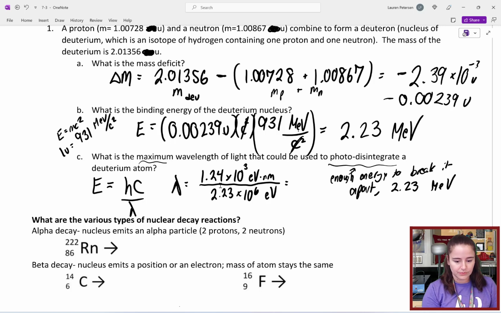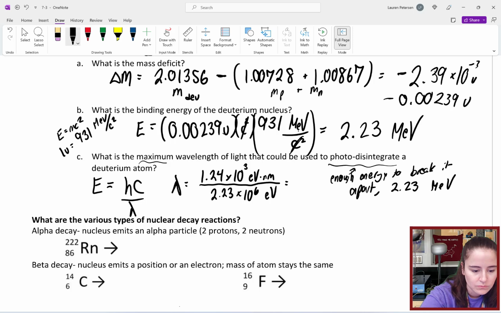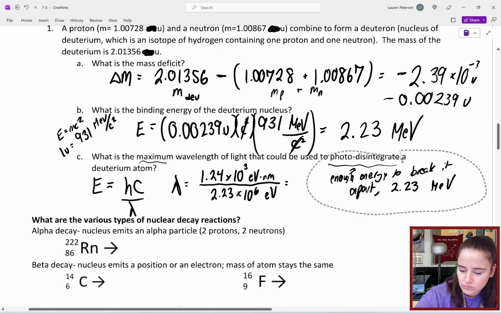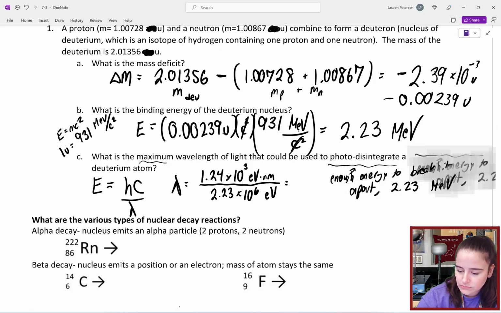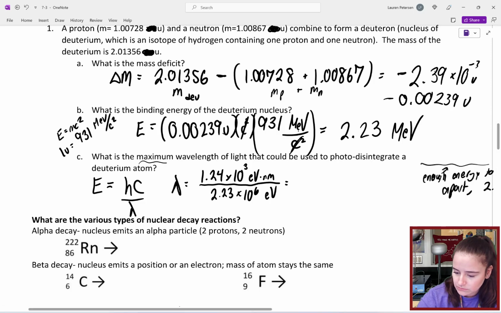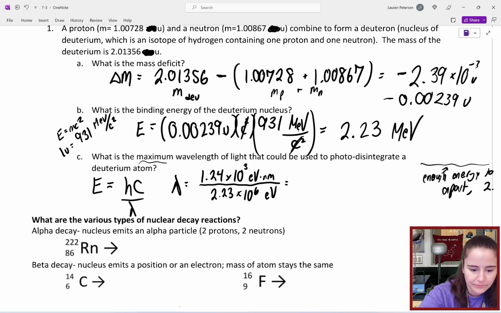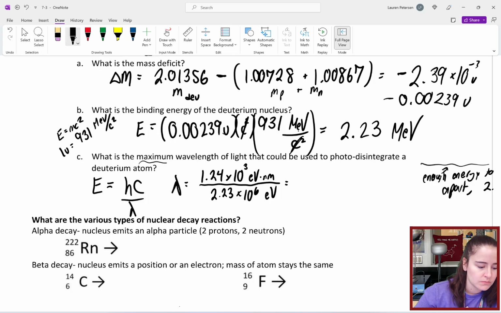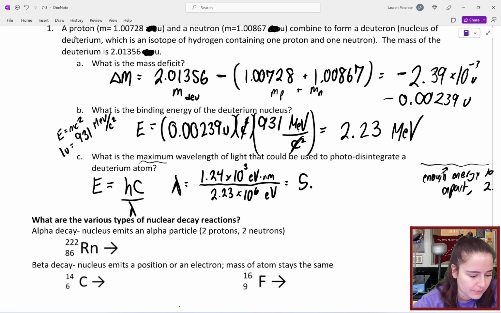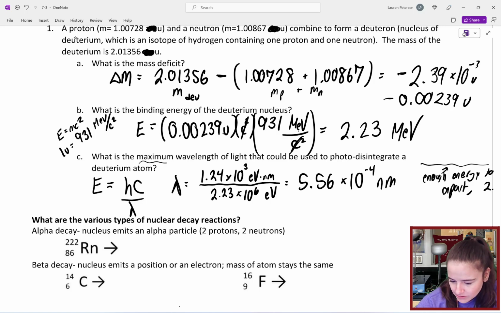So when we do that, we get 5.56 times 10 to the negative fourth nanometers.